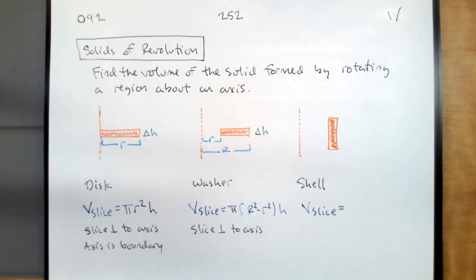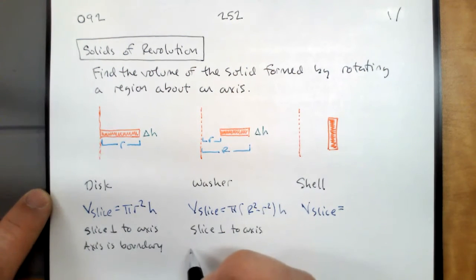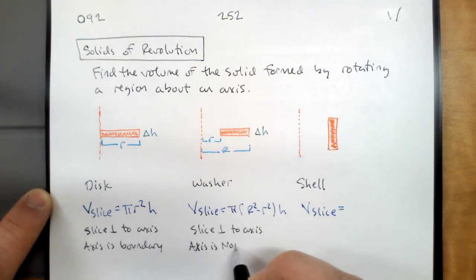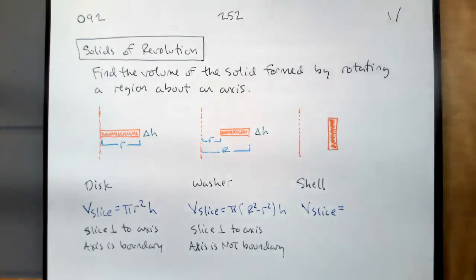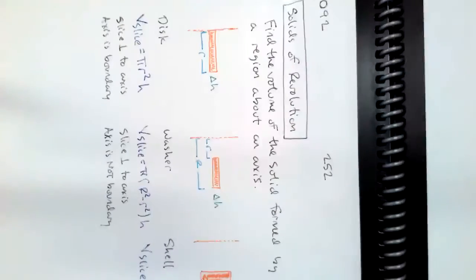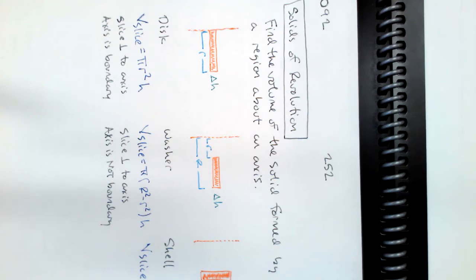In the case of washers, the axis is not a boundary of the region. I drew these sideways with what looks like a delta y, but it's the same as if we have a delta x. That's why I just called it a delta h. So if our axis is horizontal, then it just looks like this, and it's the same calculation.